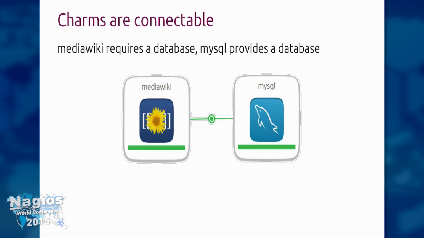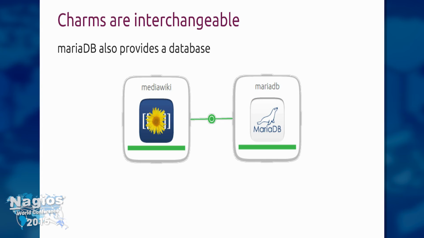So Juju will fire those events, and those hooks will respond with their intelligence to do what those events mean to that service. Charms are connectable. As I showed before, in this case, MediaWiki is obviously a Wikipedia kind of service, but it needs MySQL, or it needs a database, excuse me. So you can relate those two, right? But they're also interchangeable.